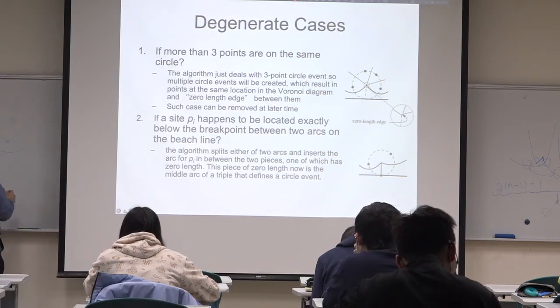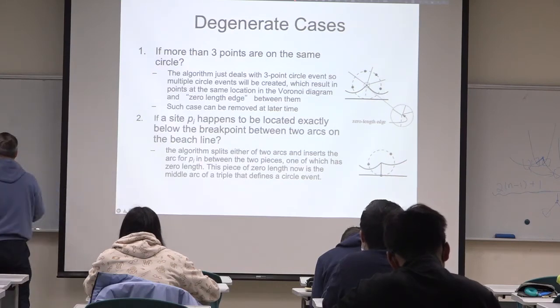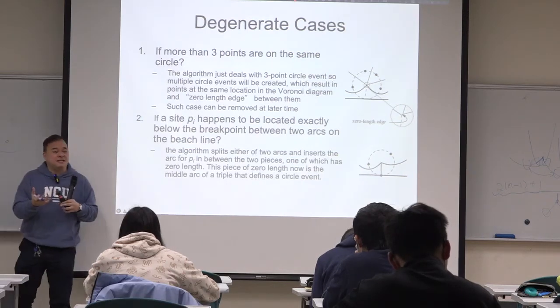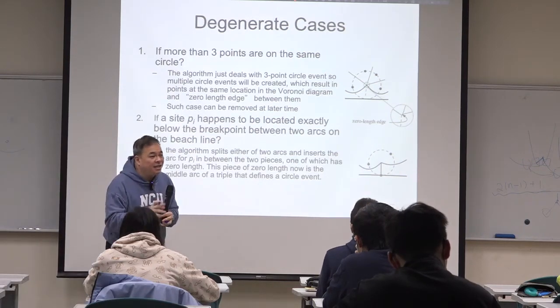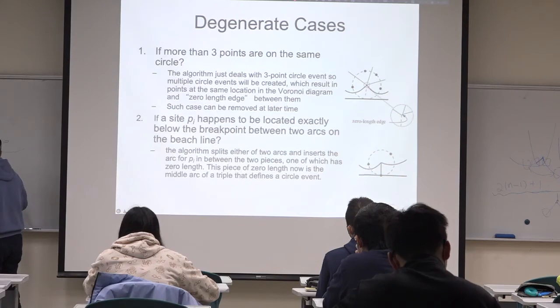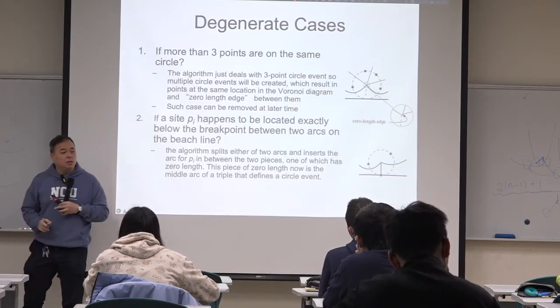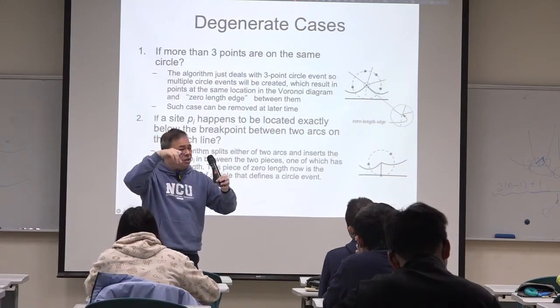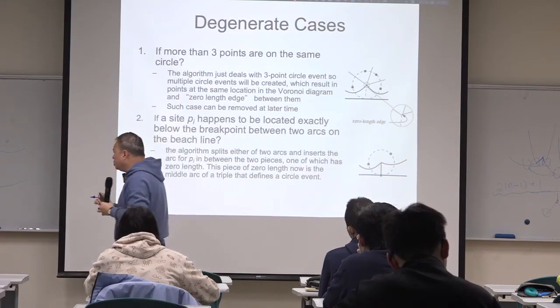Because it's a circle event, the middle one is gone. You would think that only this middle one is gone. But in fact, not only this one is gone, but this one is gone too.